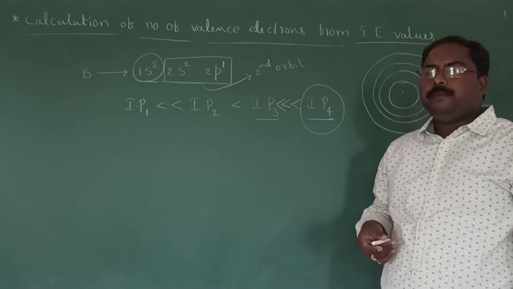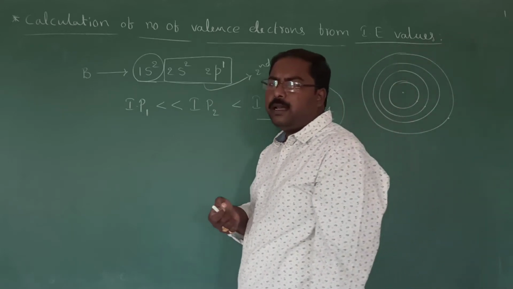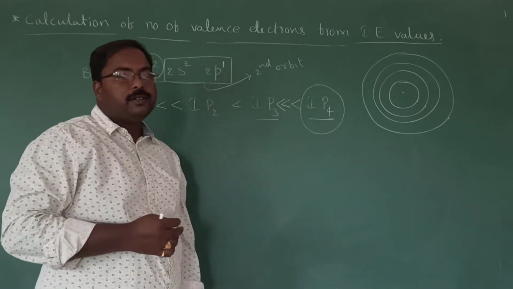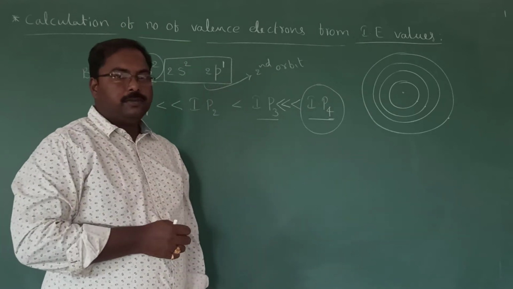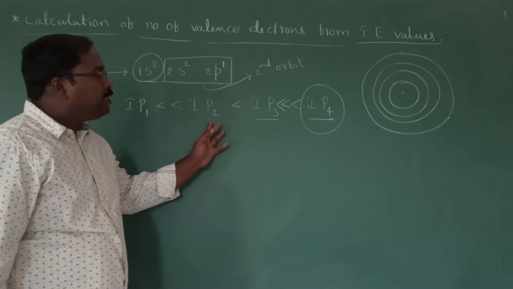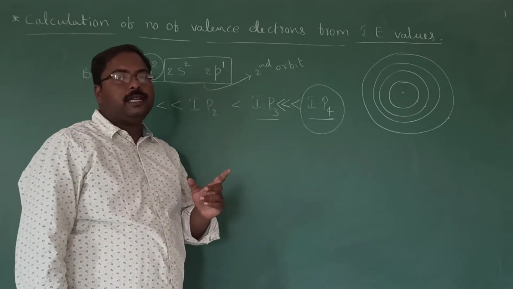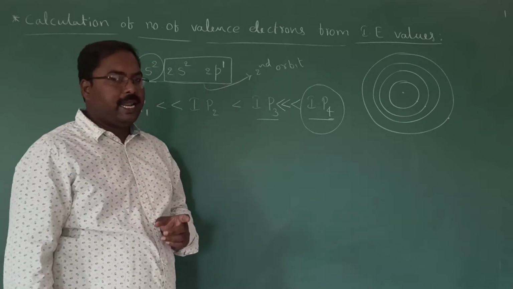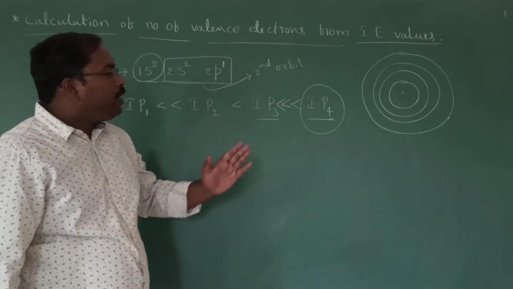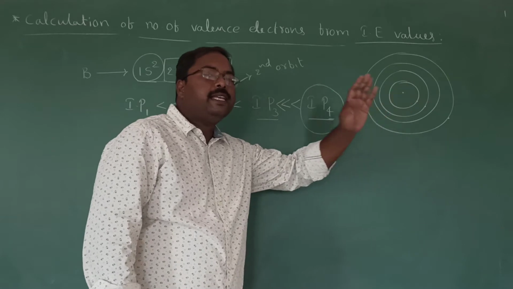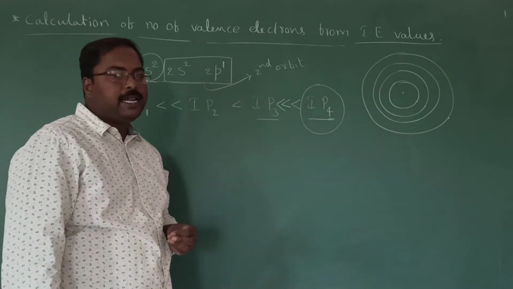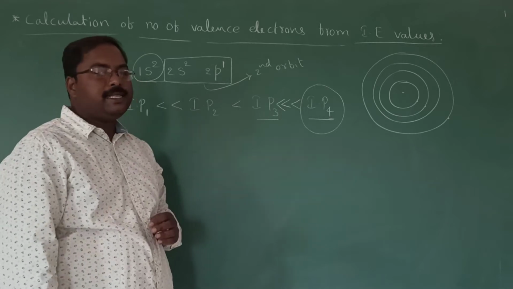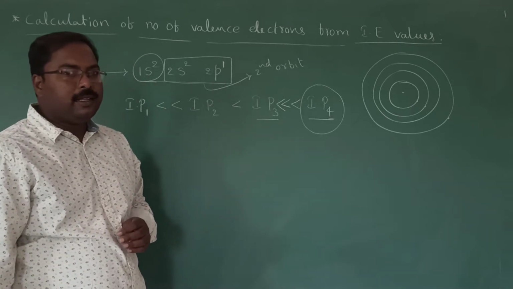For example, in any other element, if you find a sudden jump in the ionization potential values at the second value, for example, if the second ionization potential is very high, it means the element has only 1 valency electron. If you observe the sudden jump in the 5th ionization energy value, it means the element has 4 valency electrons. Right?